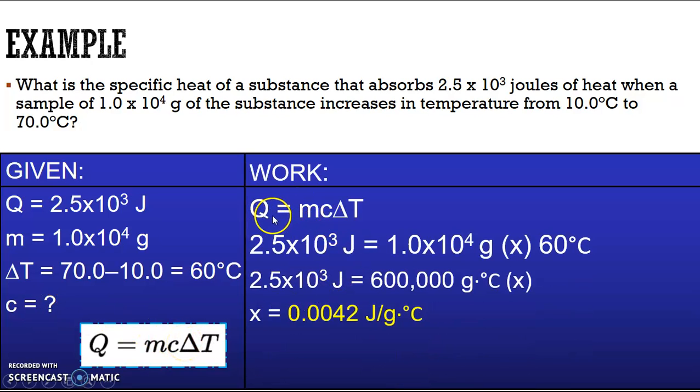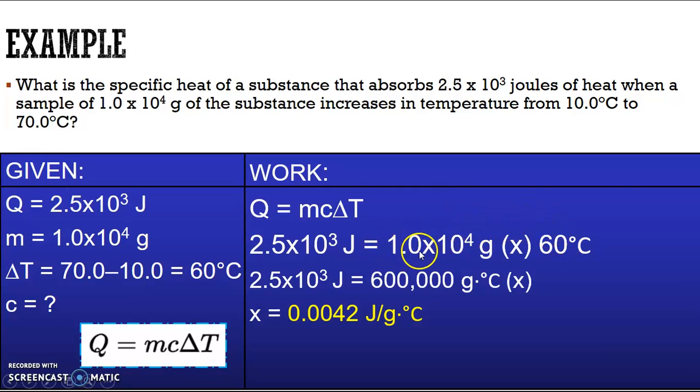Okay, so just plug my numbers into the equation, the 2.5 times 10 to the third for the Q, 1.0 times 10 to the fourth for the M. My C is my unknown, so I'm going to insert an X, and my change in temperature was 60 degrees. So I'll pop that in there. Okay, so the first thing I'm going to do is multiply these two numbers together.